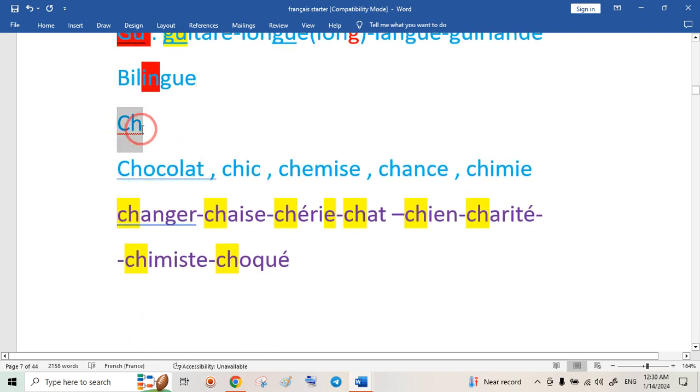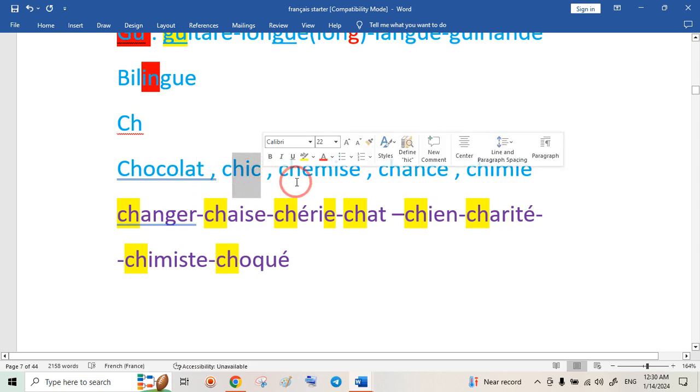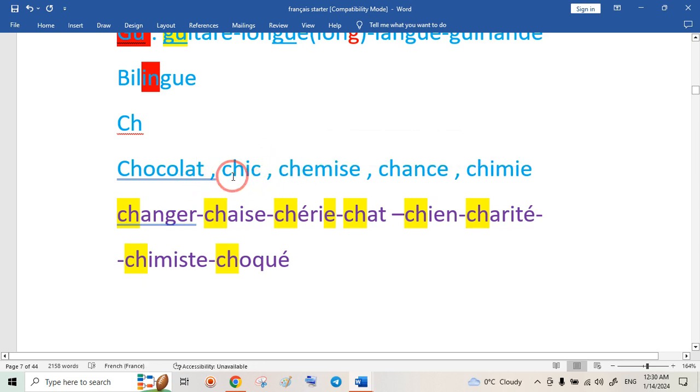C and H, this combination gives you the pronunciation of sh. C and H, sh. Like chocolat. T is not pronounced at the end, you know, I told you. Chocolat, chocolate. Chic, chic. Chic means luxury, chic, or for example, whenever something is really pretty. Chemise.